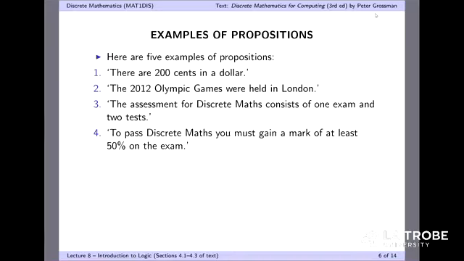Four, to pass discrete maths, you must gain a mark of at least 50% on the exam. Is it true or false? True. One person said true. Anyone else? You also need to get 50% of all your assessments. So it's not the full statement. Come on, nobody read the subject learning guide?